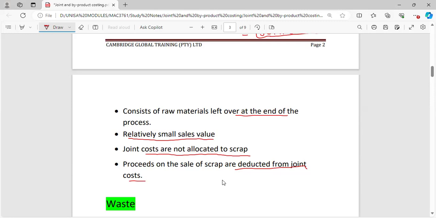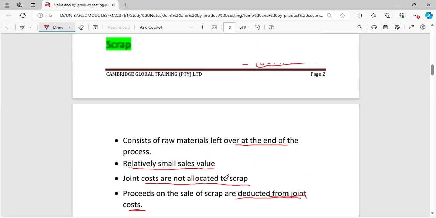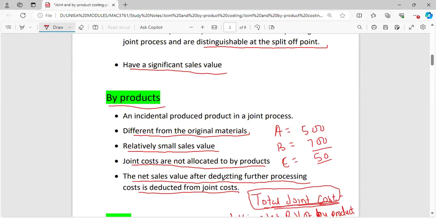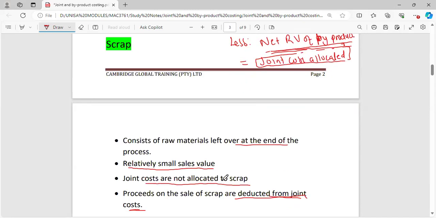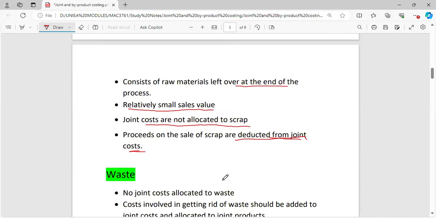In your question, if you have a byproduct or a scrap, you are going to treat them the same. They are not going to be allocated joint cost, and their proceeds are going to reduce the joint costs that are going to be allocated to the joint product. So byproducts and scrap, we treat in the same manner.